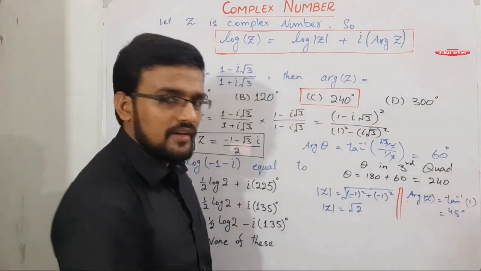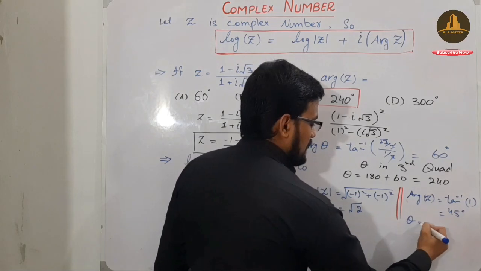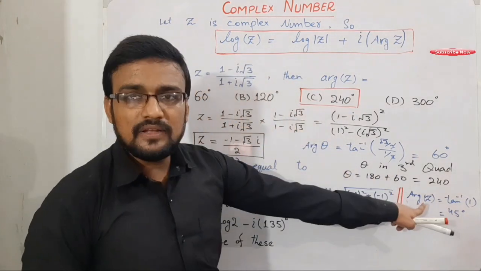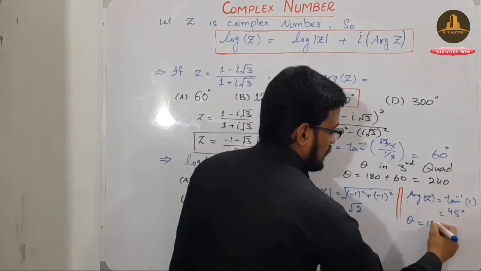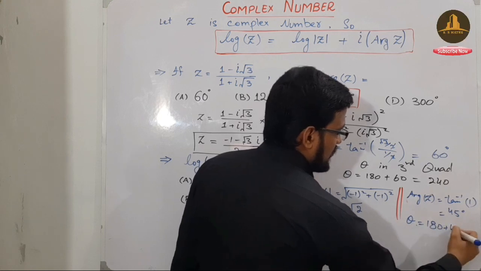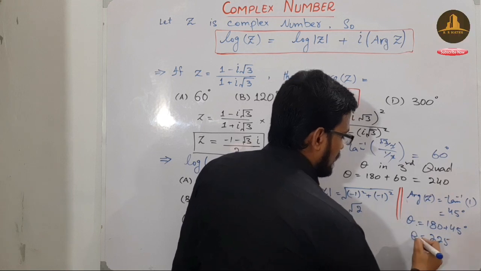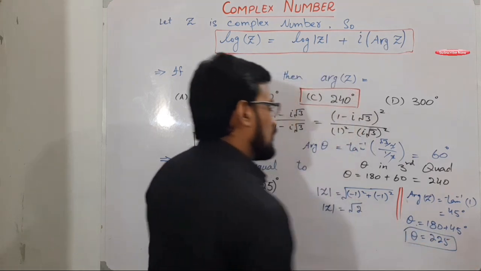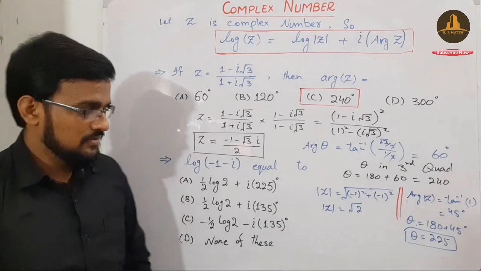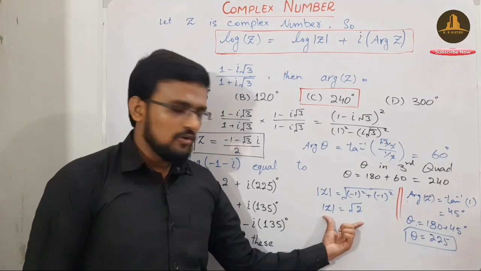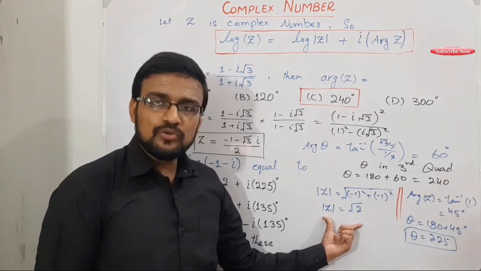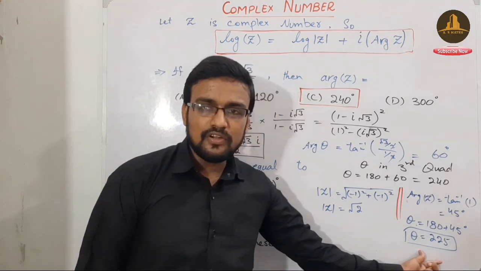Due to the third quadrant, the angle will be 180 plus the angle, so 180 plus 45 is 225. Student, the angle is 225. The modulus is square root 2 and the argument is 225.